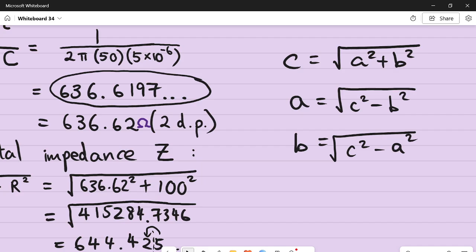Now, if you don't know how to rearrange this, that's because you only memorized this. But actually the formula is C squared. That's what Pythagoras actually said. He never said C is equal to a square root.